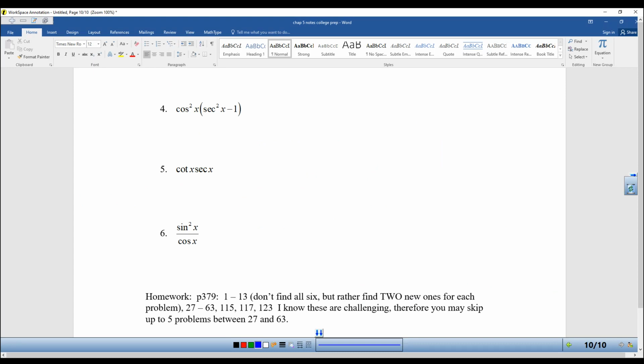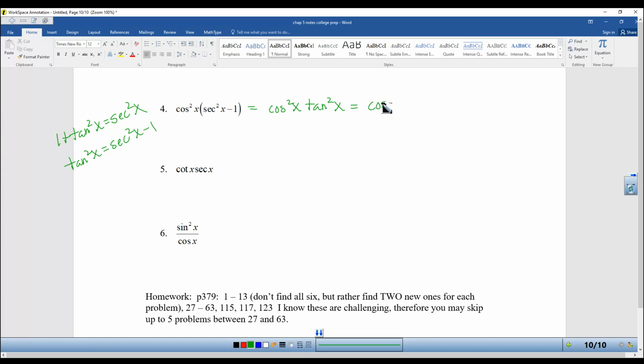Number 4. So once again, I'm going to take my 1 plus tangent squared x is equal to secant squared x. And you might have also had it written on your appendix as tangent squared x is equal to secant squared x minus 1. So I can rewrite this as cosine squared x times tangent squared x.